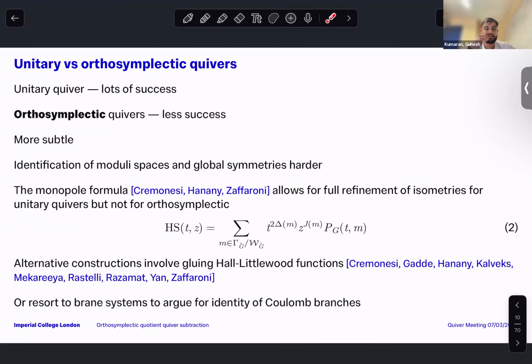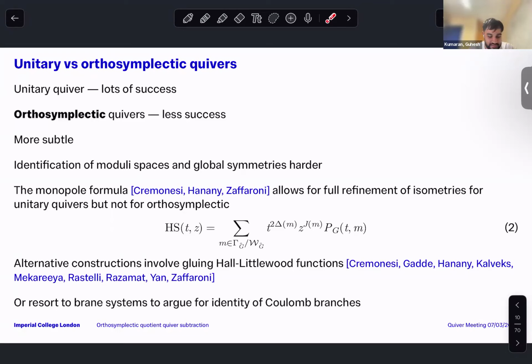Okay. So techniques for unitary magnetic quivers have been very successful. We've had lots of success in finding techniques and developing the formalism that we would use to analyze Higgs branches of theories in high dimensions. For orthosymplectic quivers, we've had a little less success.